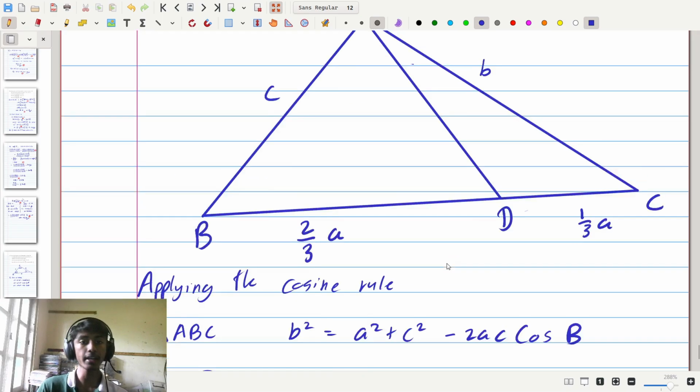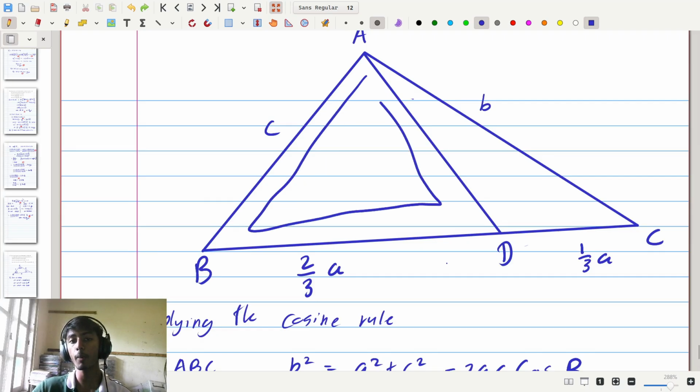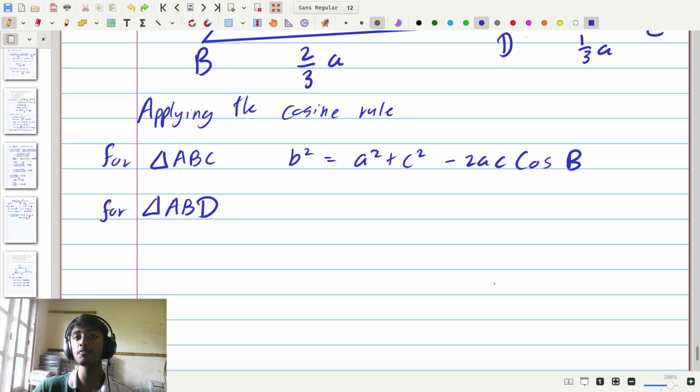Now for the triangle ABD, we can see the side length opposite to the angle B in this triangle is the side length AD, and therefore when we make the cosine rule, we'll have to take AD as being the opposite side length.